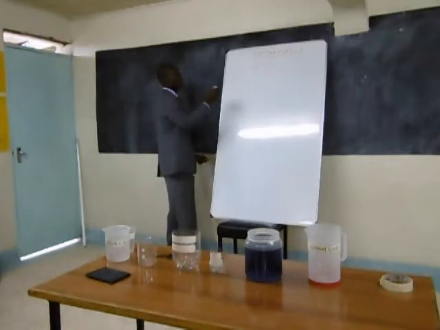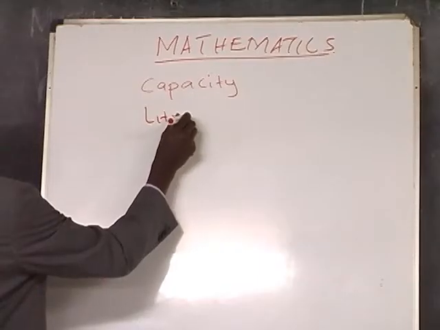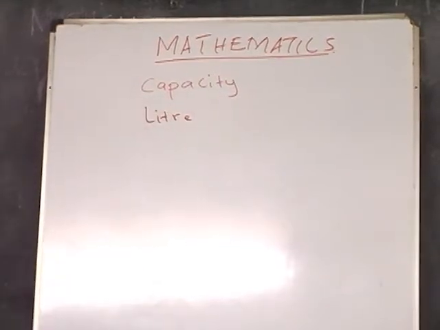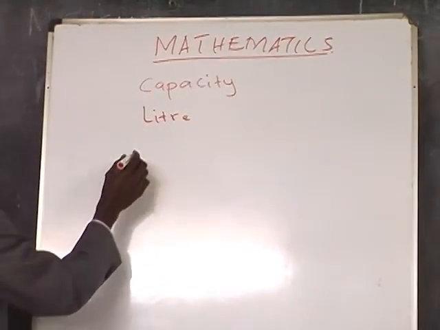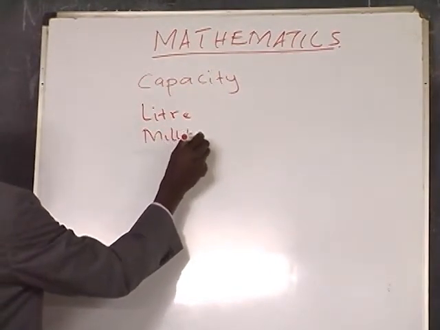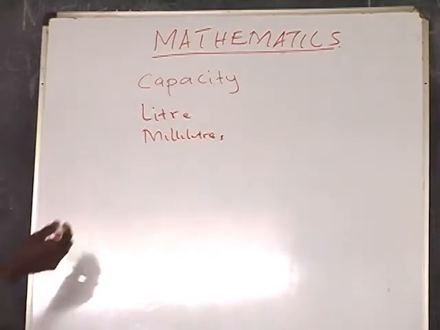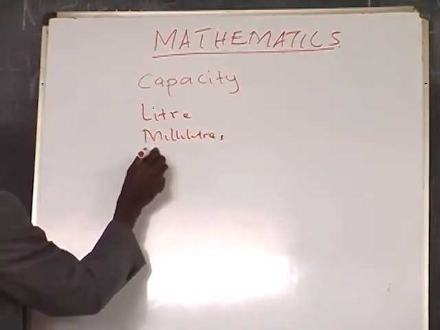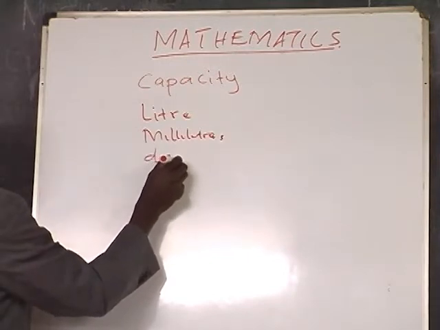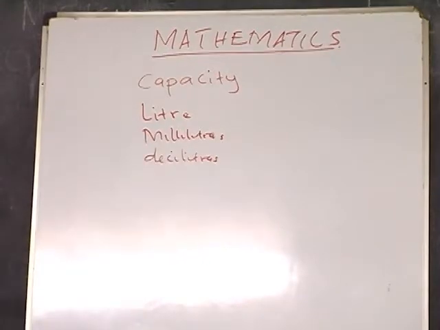The first unit of capacity we talked about was liter. 2, we learned about milliliters. 3, we talked about deciliters. So these are the units of capacity that we discussed before.